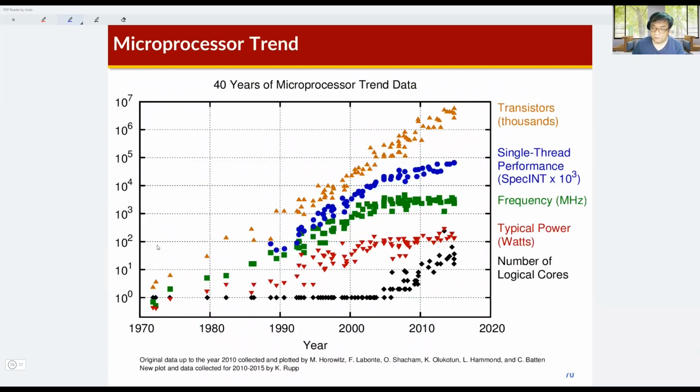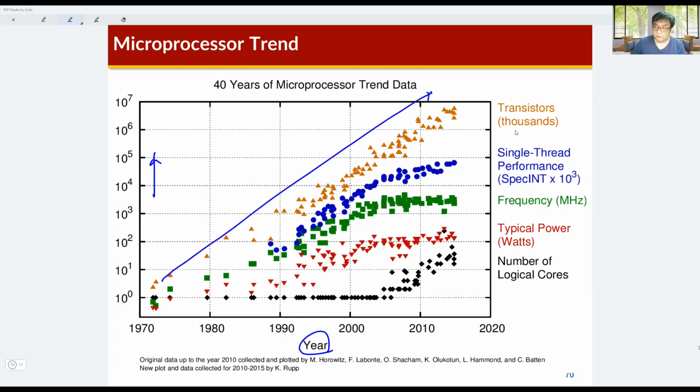Let's see the recent trend of the microprocessor. Let's see the microprocessor trend over the years. As you can see, this y-axis is also a log scale axis, and this x-axis means the year, that means the time. This graph shows different numbers, like the number of transistors, single thread performance, frequency, typical power, and the number of logical cores.